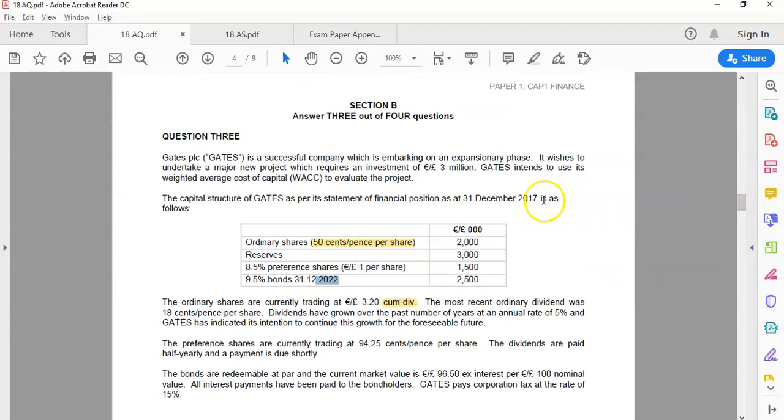This is the end of 17, so year 1 will be 2018. So you have 18, 19, 2020, 2021, 2022. So you're going to have a 5-year payment of interest, so 5 years. And it's going to be trading currently at 96.50 x interest, and all payments have been made. So that's an x interest price.